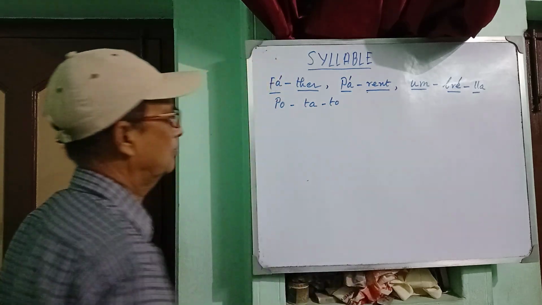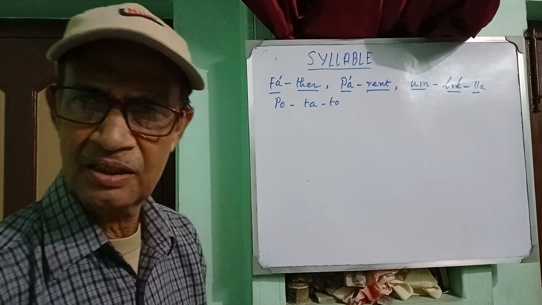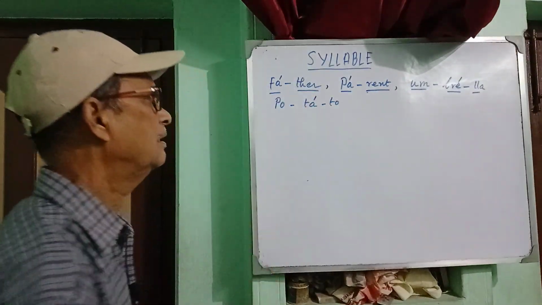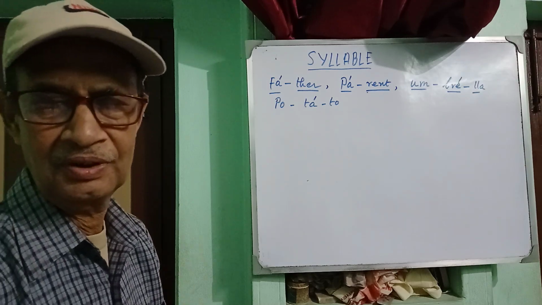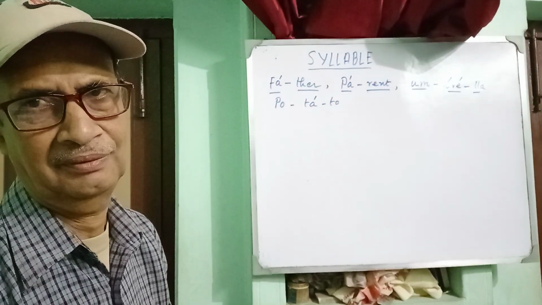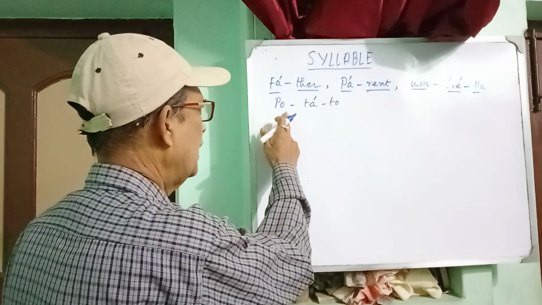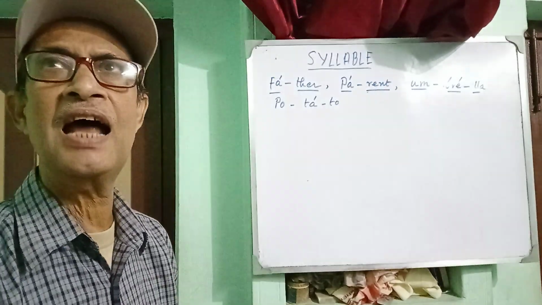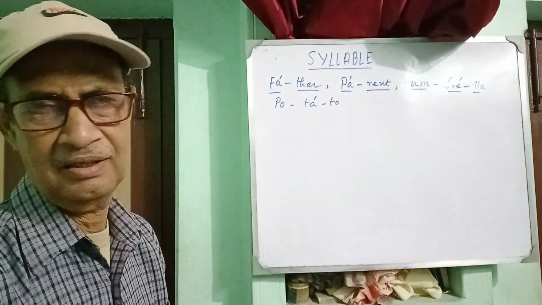Po-ta-to. Okay? Then where should we give the accent? Ta. Here the accent should be given. Potato, not potato. Po is almost inarticulate and to is also inarticulate, and the stress is given on ta, potato.